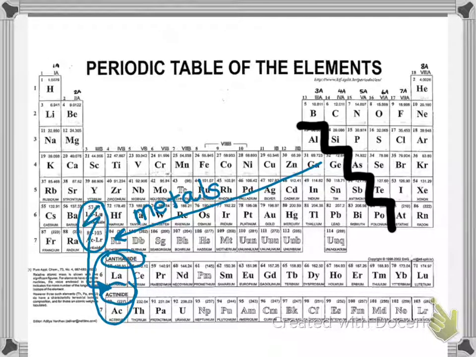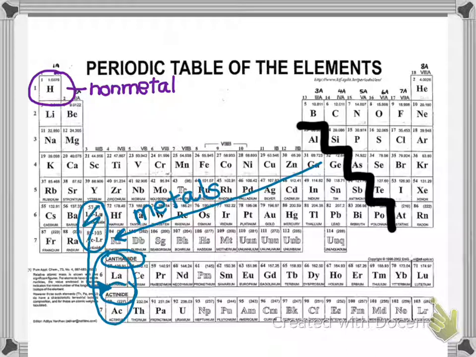Now, there is one element on the metal side of the periodic table that kind of plays a game with us. I always like to think of it that way, and that is hydrogen. Hydrogen's a little bit of a loner, but hydrogen is over here by itself. It's actually a nonmetal, even though it's on the metal side. Hydrogen, like I said, is a little bit of a loner. We classify it as a nonmetal because it has properties of nonmetals.